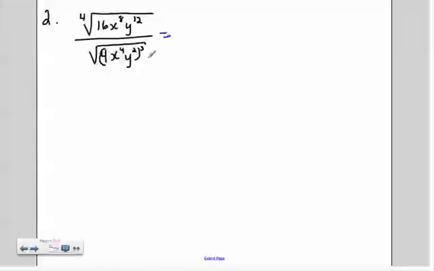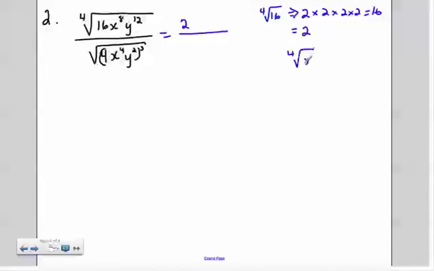And now finally we're going to deal with some roots. And I'm going to think about the numbers and the letters. So now they want the fourth root of 16. I can calculate that in my calculator, or I know it's 2 because 2 times 2 times 2 times 2 equals 16. So then the answer is 2. Now I need the fourth root of x to the 8th, which is a little bit more complicated because I can't type it into my calculator.